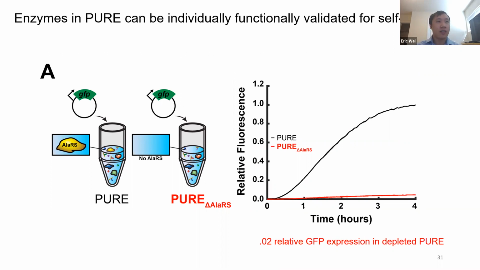For example, if you have a mixture of PURE that does not contain the alanine synthetase, and you want to test whether alanine synthetase produced by PURE works, then first, if you compare the expression of a GFP reporter with and without the alanine synthetase, we found that you get 0.02 relative expression, so 2% expression levels of GFP in PURE without alanine synthetase compared to PURE that has it.